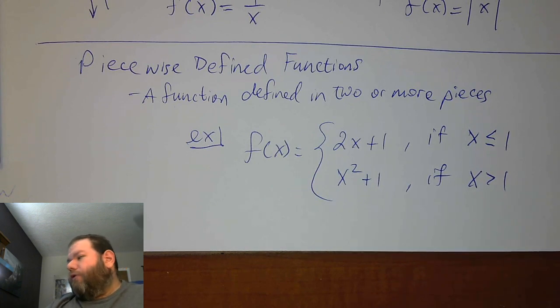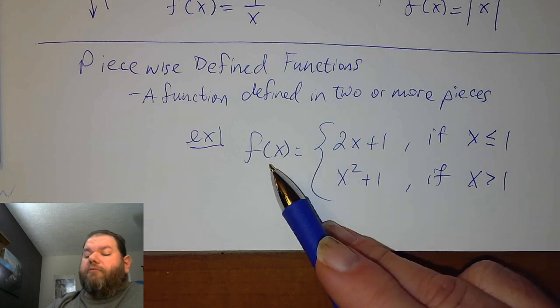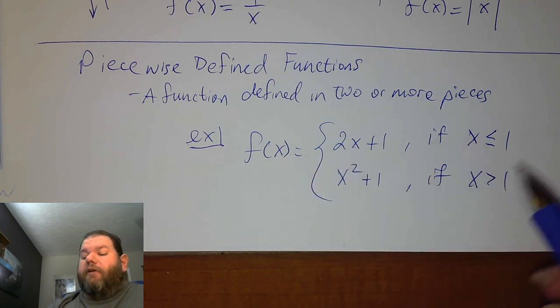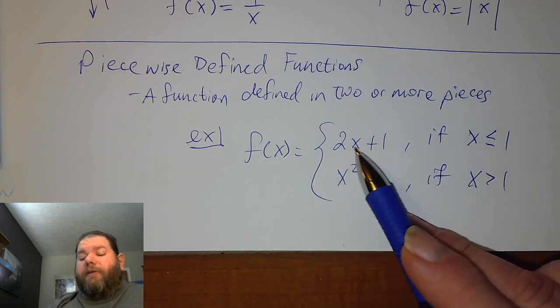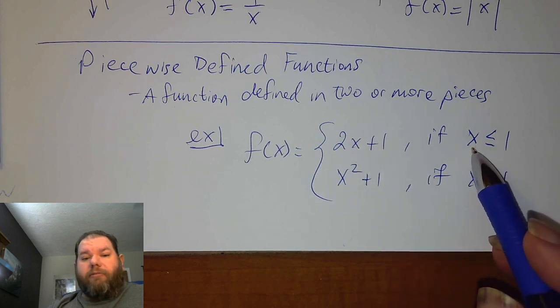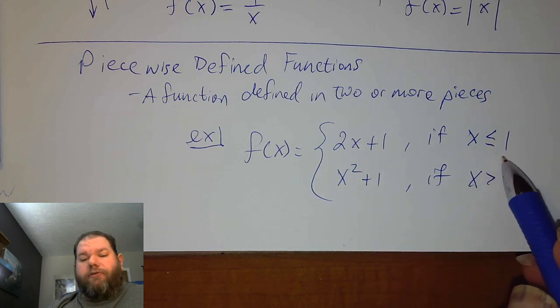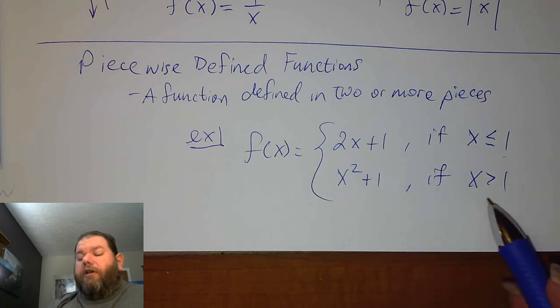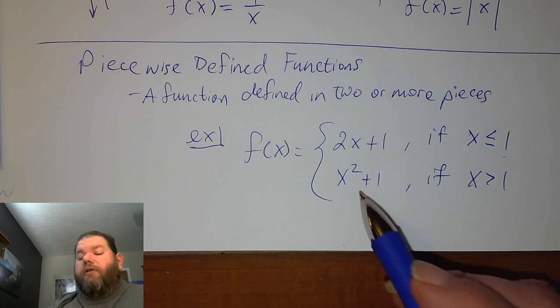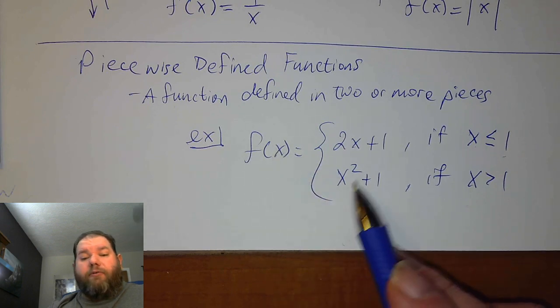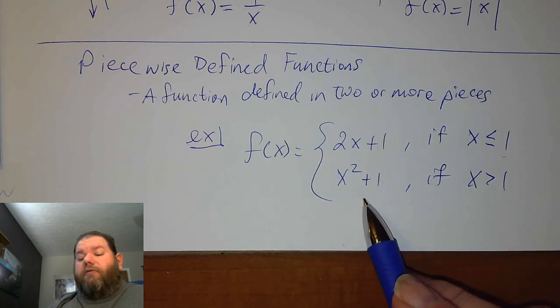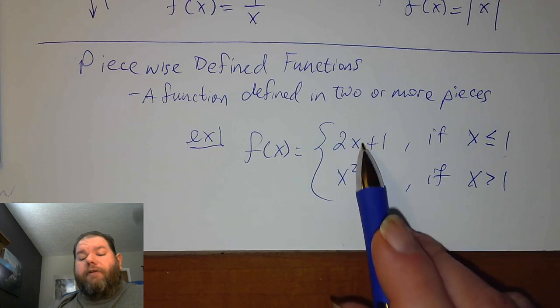This is a function defined in 2 pieces. We'll say that we evaluate f of x as being 2 times x plus 1 if the value of x that we plug in is less than or equal to 1. If we plug in a value of x that is greater than 1, then we define f of x as x squared plus 1. So basically f of x has two different definitions here.